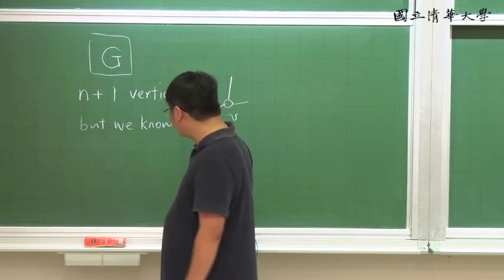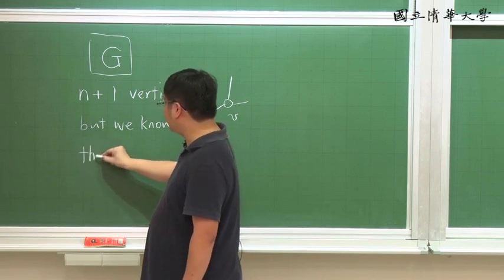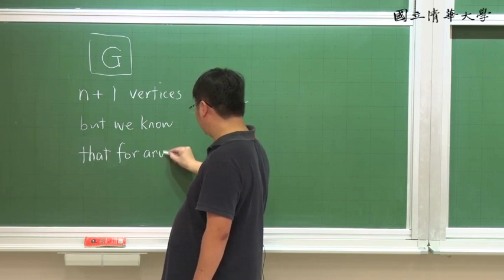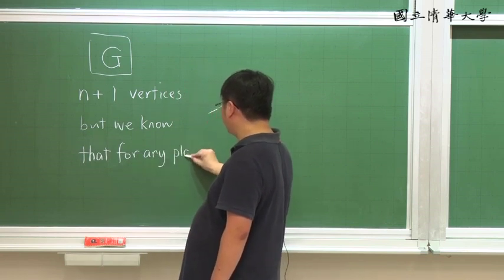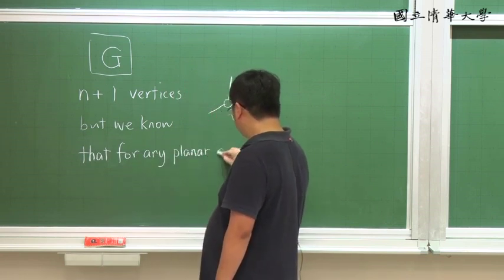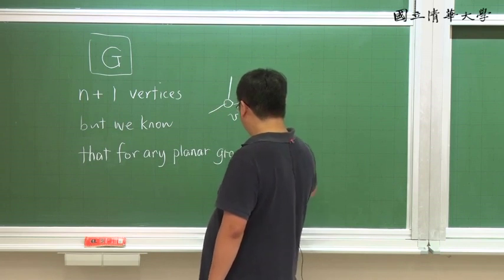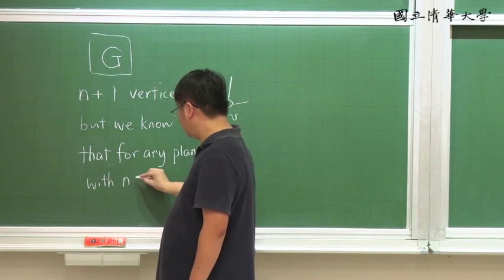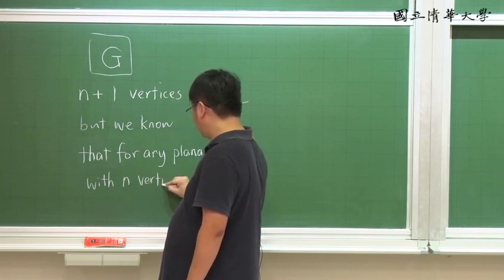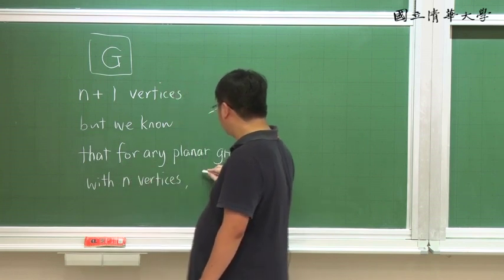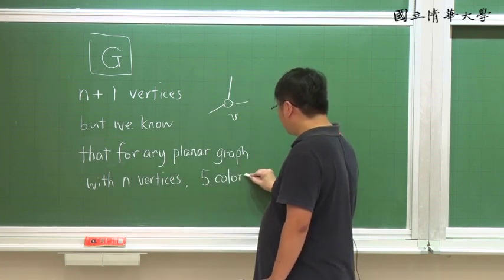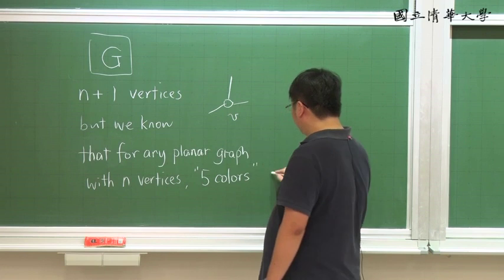We are going to use induction to show the 5-color theorem, and we know that for any planar graph with n vertices, we can color it using 5 colors.